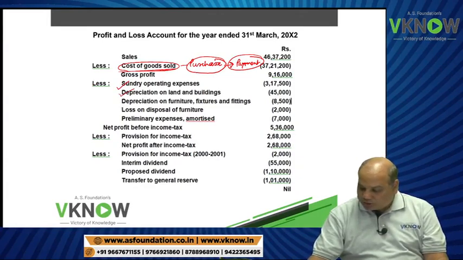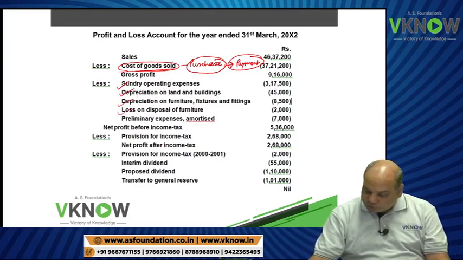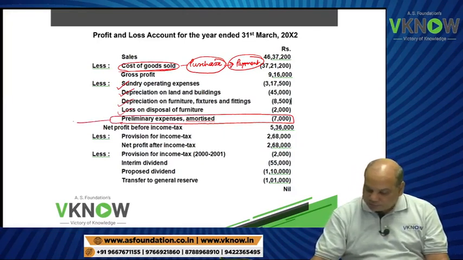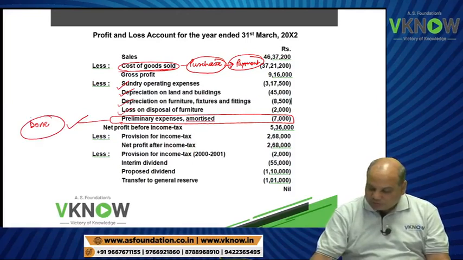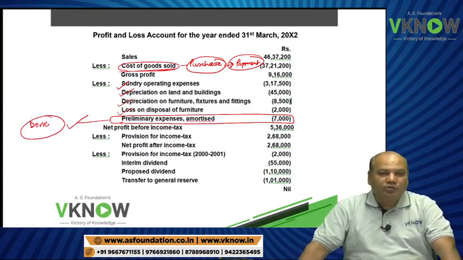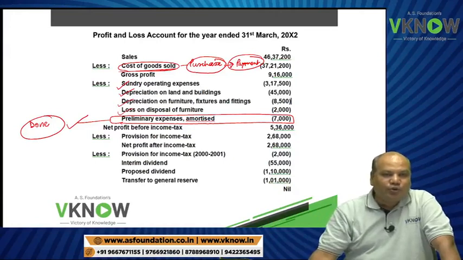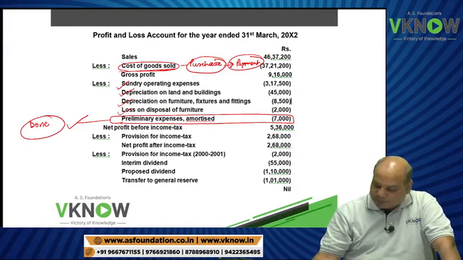Depreciation on land and building, depreciation on furniture, loss on sale of furniture. This preliminary expenses amortized, tick mark, done. 7,000 rupees was transferred to P&L account and it is tallying. So no further discussion about preliminary expenses.